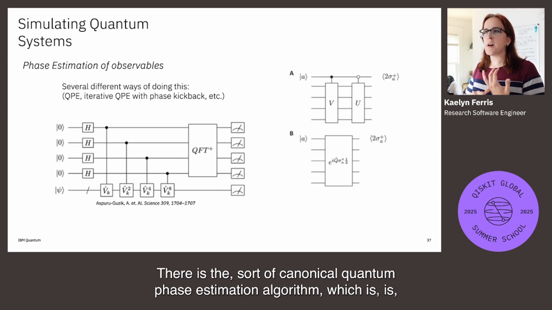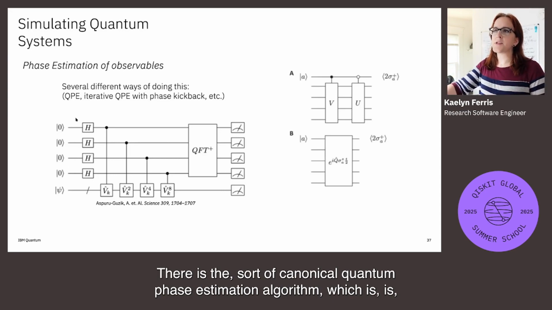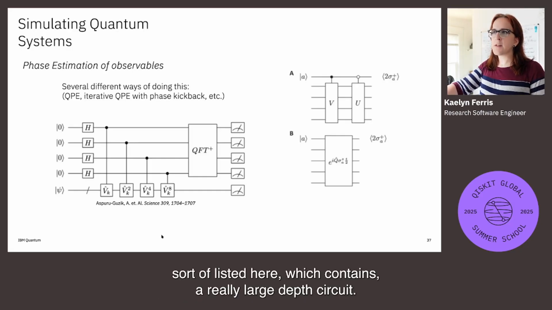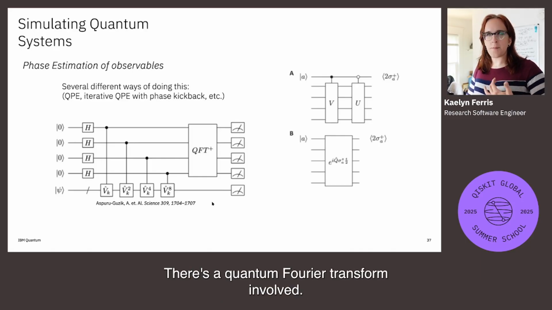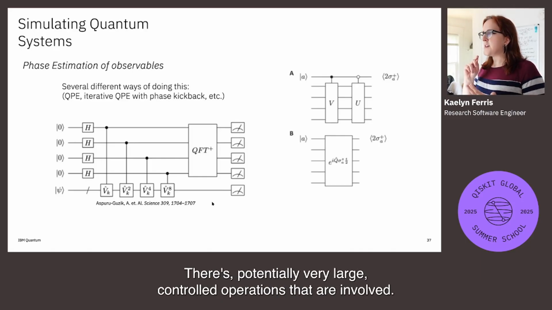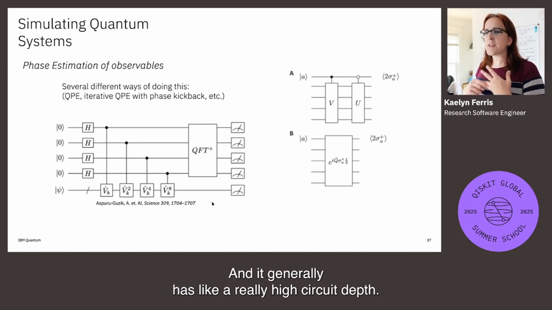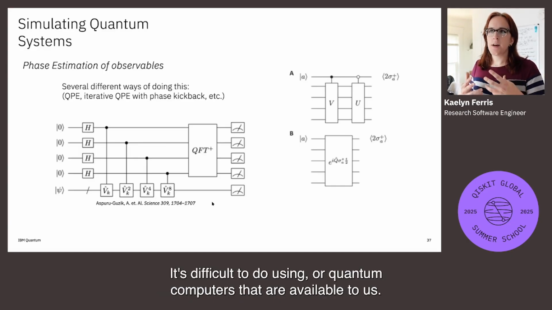There is the canonical quantum phase estimation algorithm, which is listed here, which contains a really large depth circuit. There's a quantum Fourier transform involved. There's potentially very large controlled operations that are involved. And it generally has a really high circuit depth. And it's difficult to do using the quantum computers that are available to us.